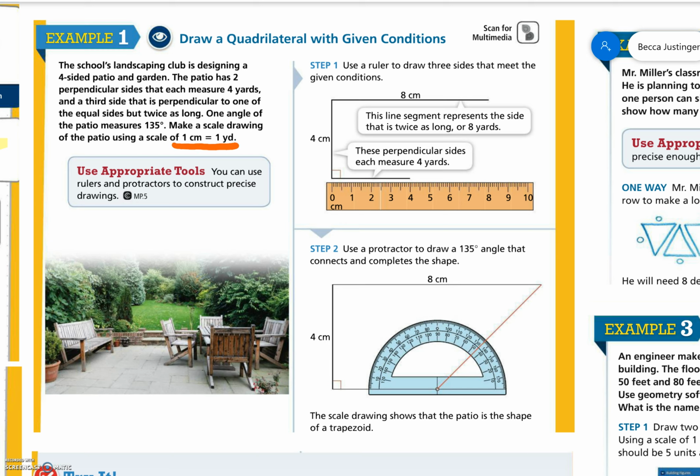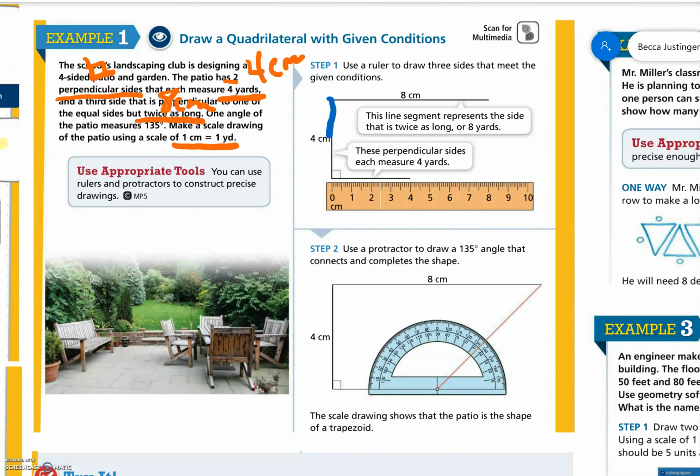Well, if 1 centimeter equals 1 yard, 4 yards is going to be 4 centimeters. And there's 2 perpendicular sides that have that. Perpendicular means they meet at a right angle. Third side is twice as long. Well, if 2 of the sides are 4 centimeters, twice that is 8 centimeters for 8 yards.